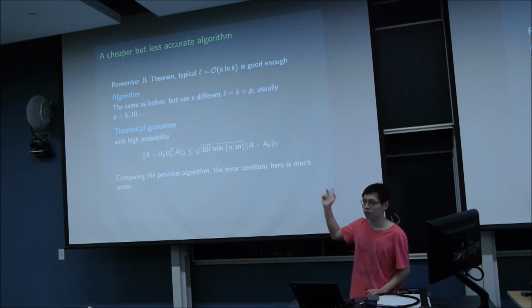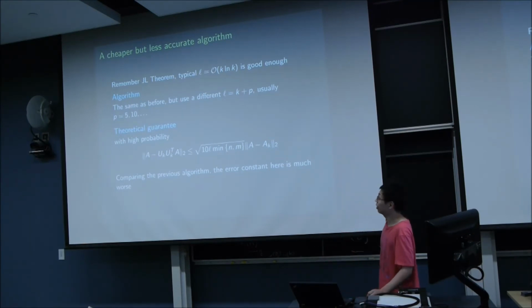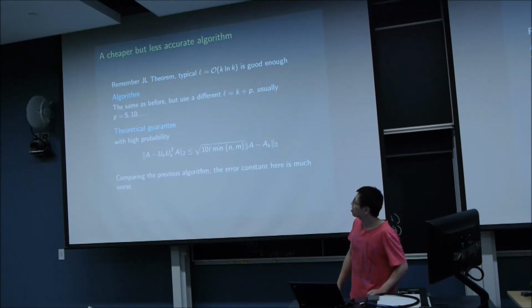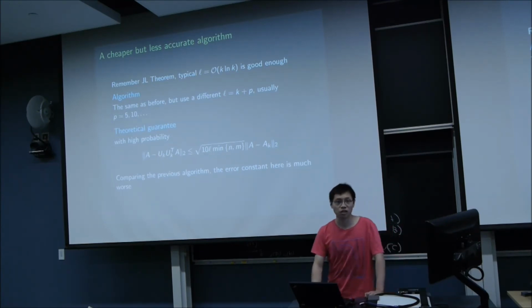Probably K is medium, so log K is something like 10. So L is usually not much larger than K. In that algorithm, you just let L equal K plus P, where P is an oversampling scalar. Usually P is chosen to be 5, 10, or some very small constant.